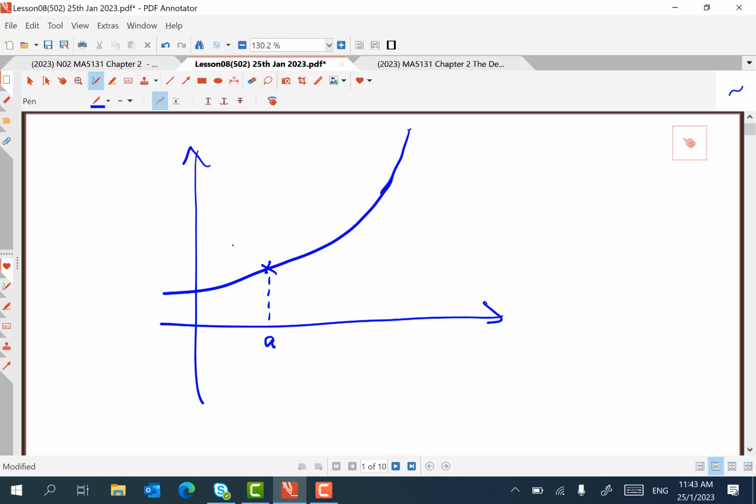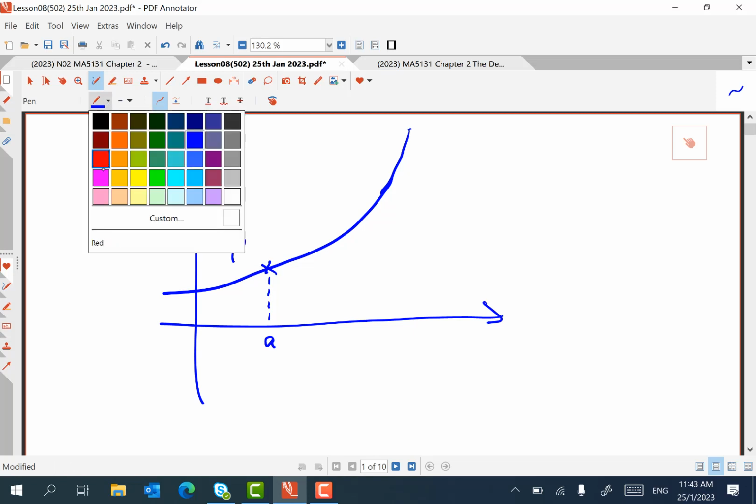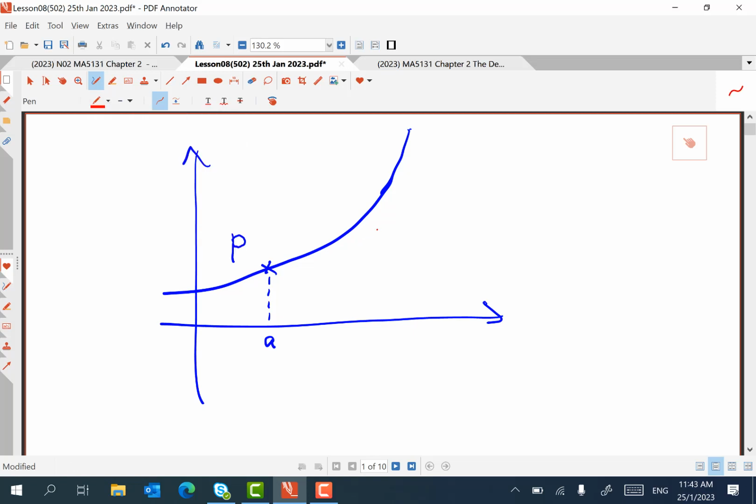What do we mean by the gradient of a curve at a point, say P? It means to find the gradient of the tangent line at the point P. This is what it means, right?